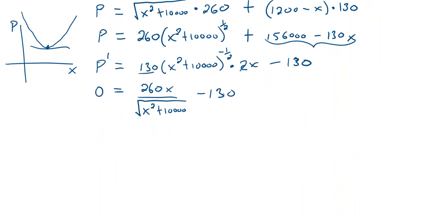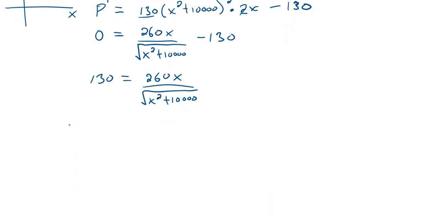All right, so now all I'm going to do is take the 130 and bring it over to the other side. So we have 130 is equal to 260x over the square root of x squared plus 10,000. We'll bring the square root up: 130 times the square root of x squared plus 10,000 is equal to 260x.